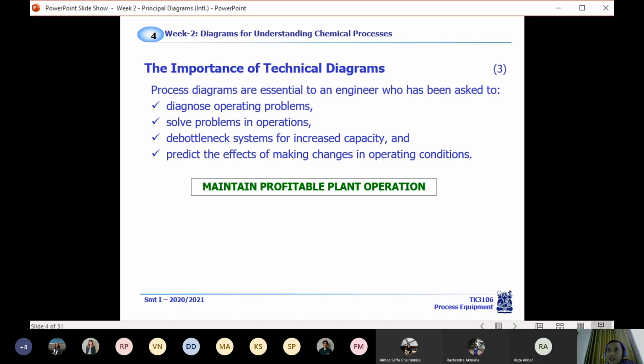When the PFD is equipped with the material and heat balance, you already know the stream definition. Stream definition means that you know the composition, the pressure, the temperature, and the flow rate.